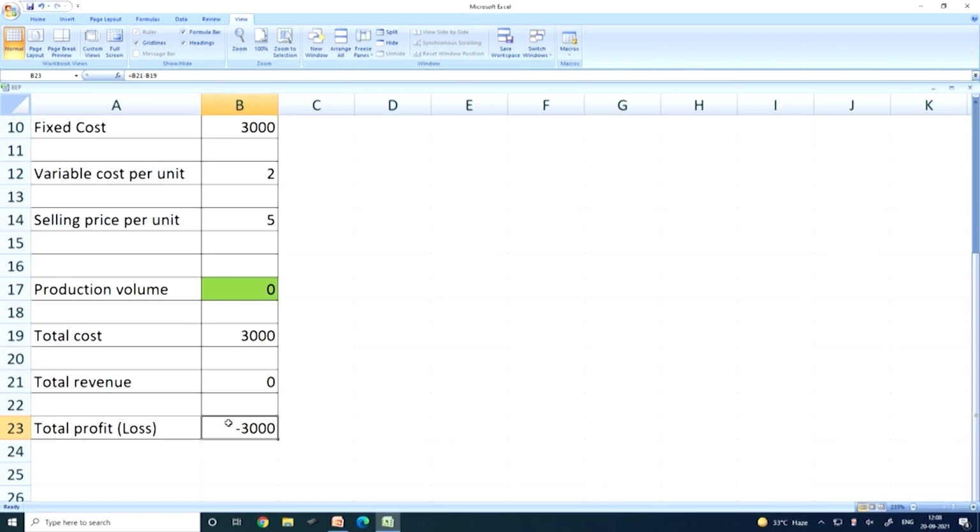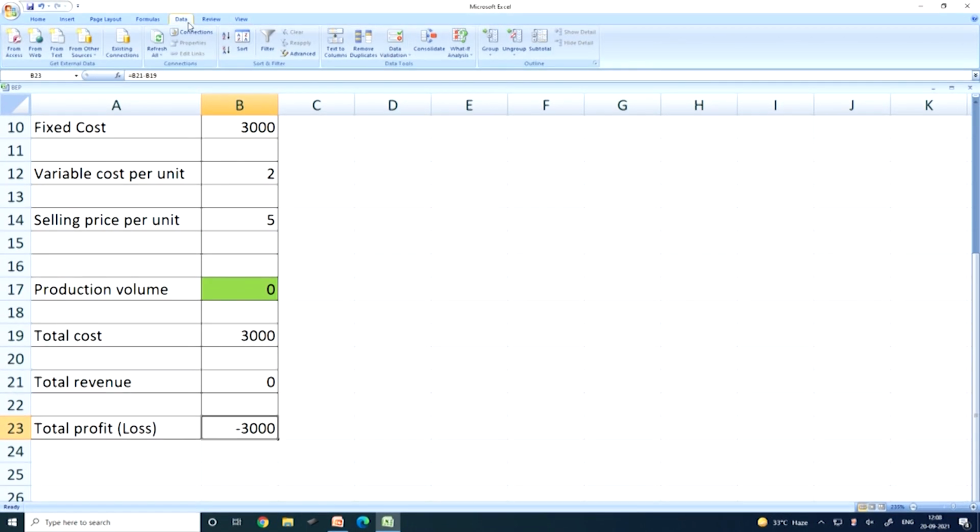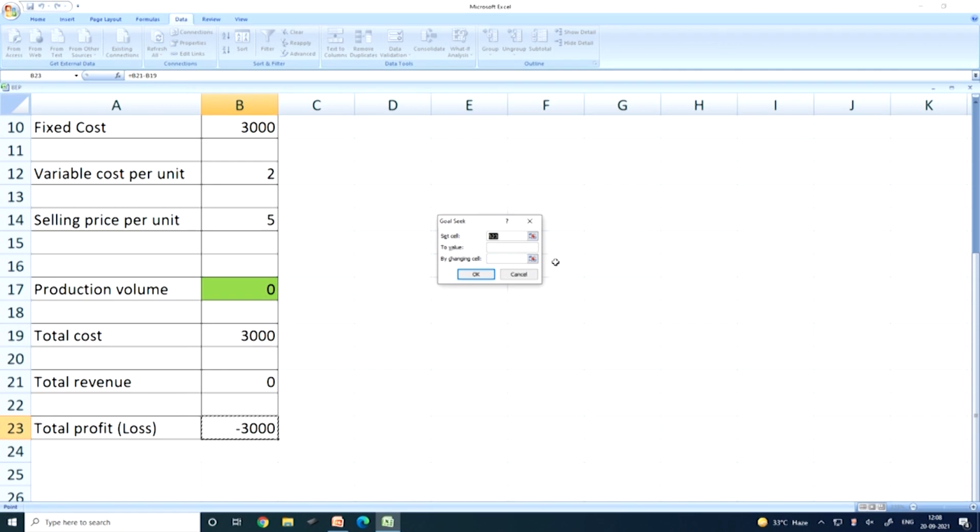Okay. Now, you have to go to data, then there is an option called what if analysis, go for goal seek, set cell. The set cell is, you have to select your profit cell and the value should be 0.